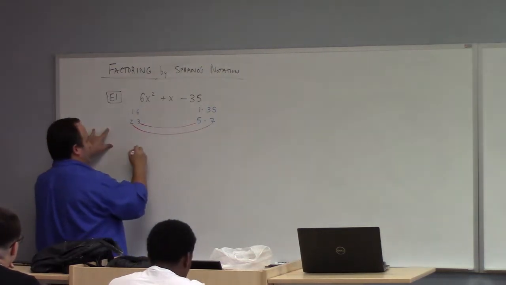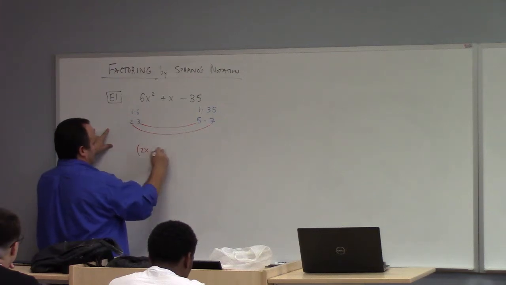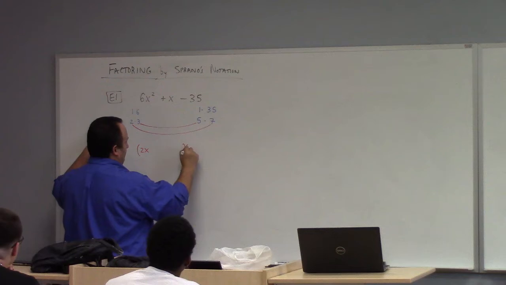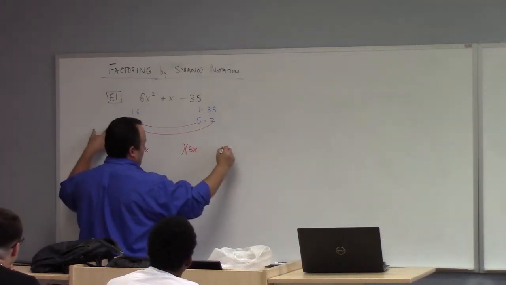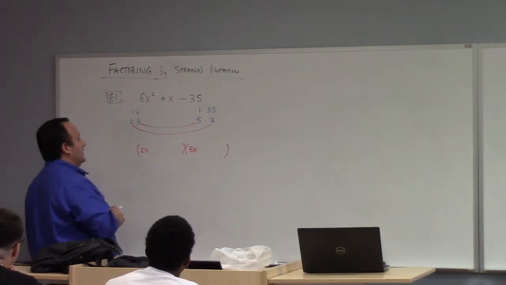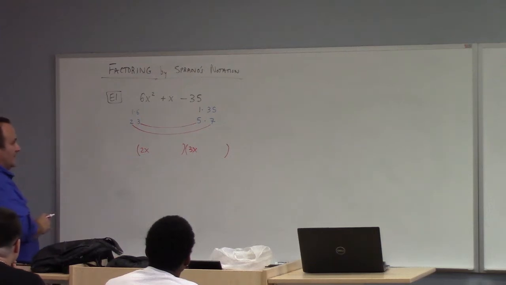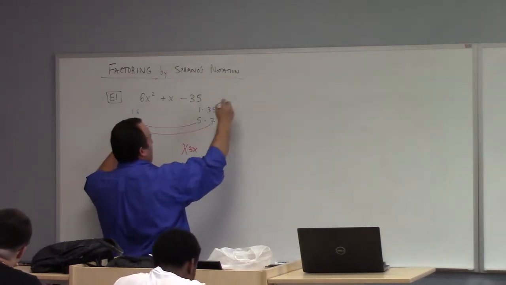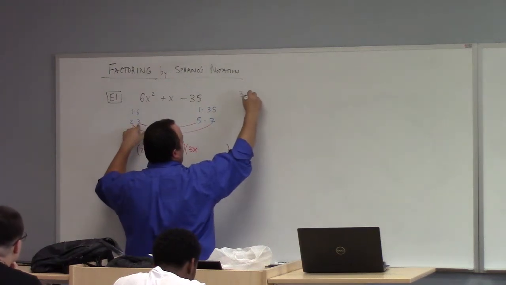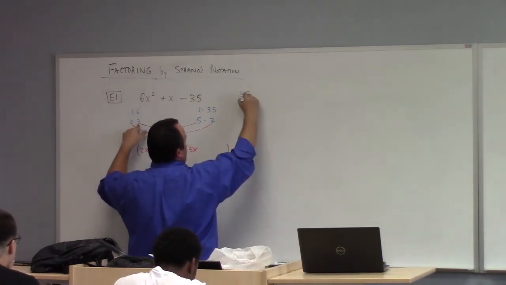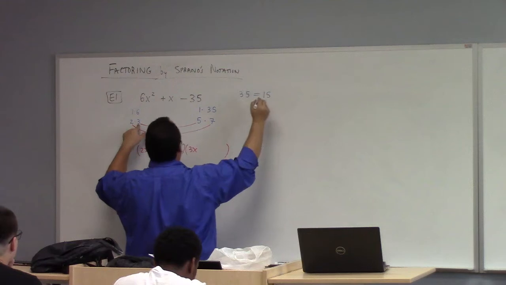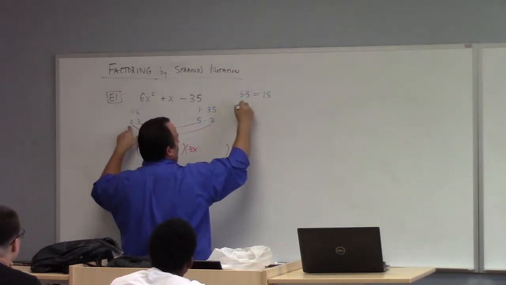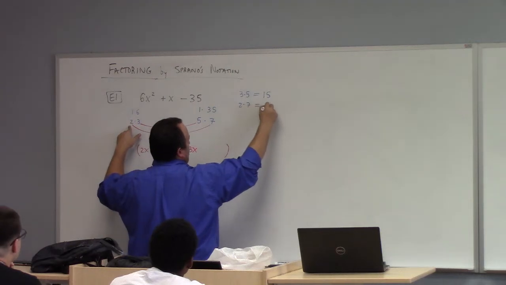So that would mean I write 3x here. And 3 times 5 is 15, and 2 times 7 is 14.